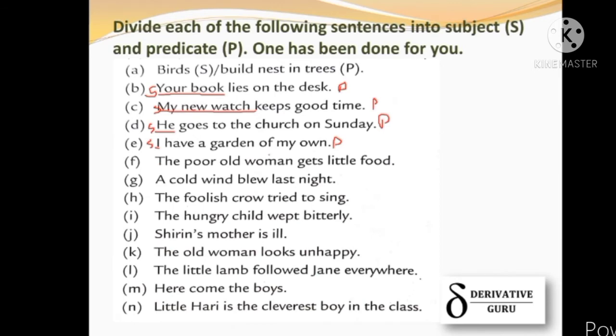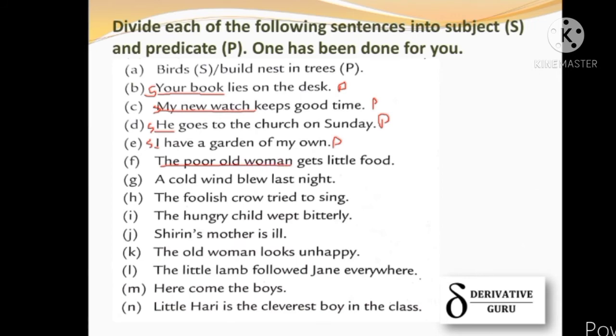The poor old woman gets little food. So what is the subject? The poor old woman. We are talking about the poor old woman. So this becomes the subject, gets little food becomes the predicate.